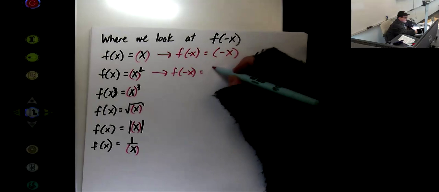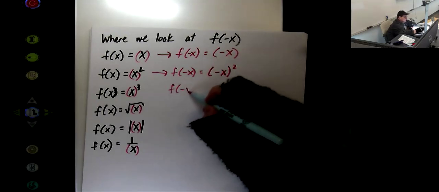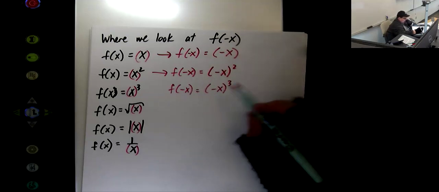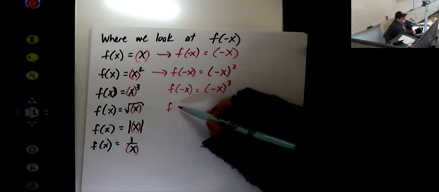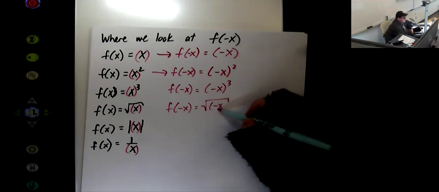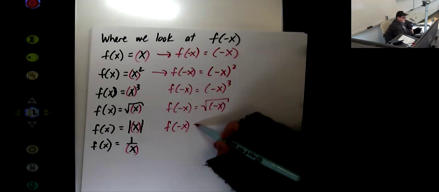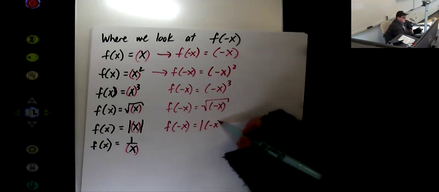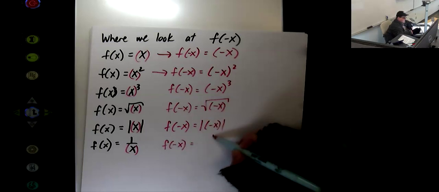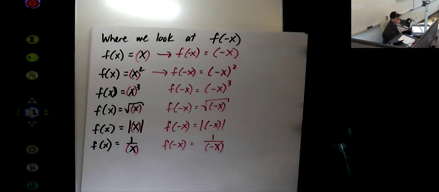So here, this is negative x squared, and this is negative x cubed, with the negative on the inside. Square root of negative x. Absolute value of negative x. And 1 over parentheses negative x.